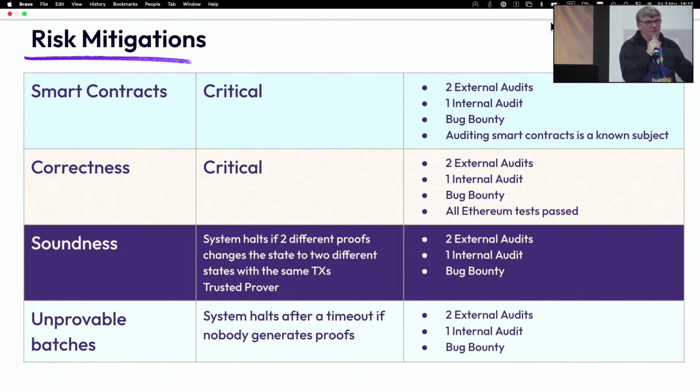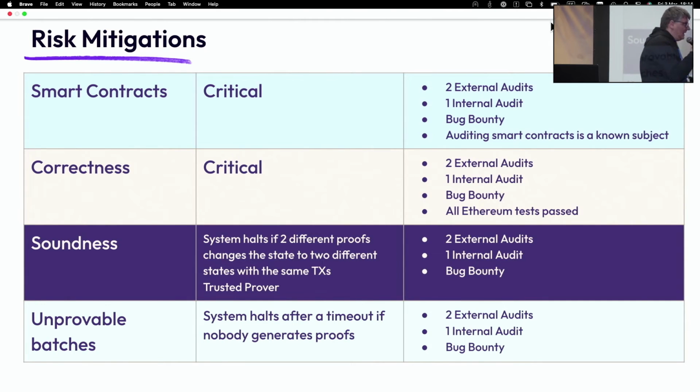And even after we are removed as the trusted prover, the smart contract also contains a mechanism: if you sign a proof that goes to a different state, then the smart contract will also halt. And then, of course, there will be something wrong, and we have to update.